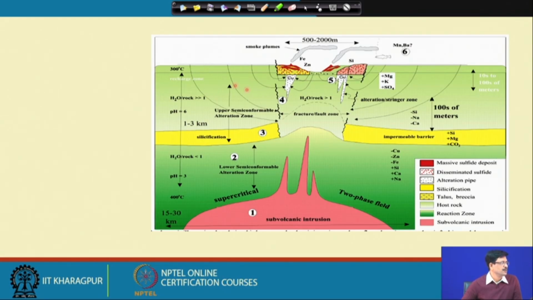This fluid which circulates and moves to the deeper part gets heated up and exchanges components with the sea floor basalt.